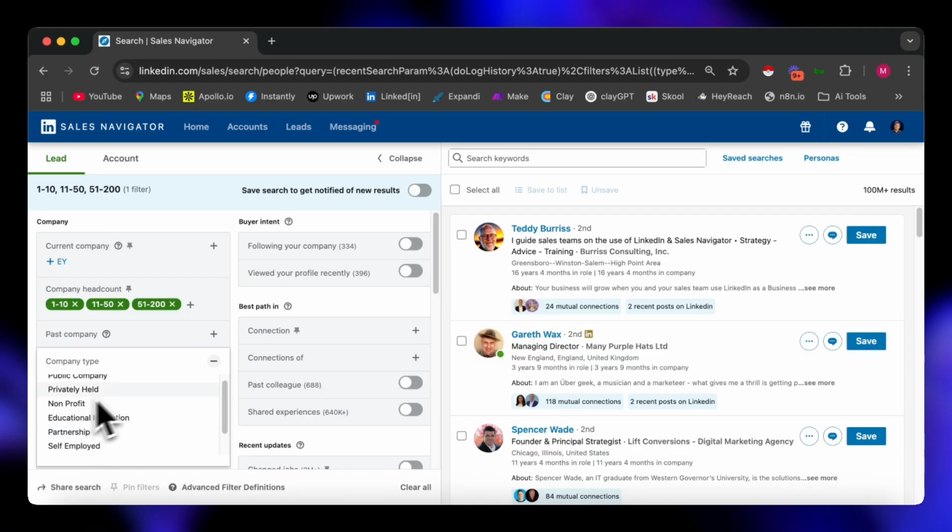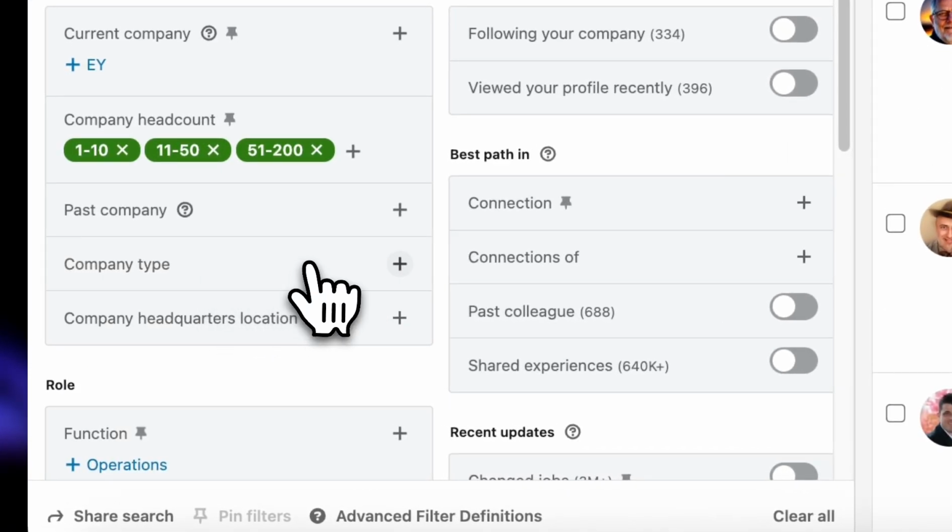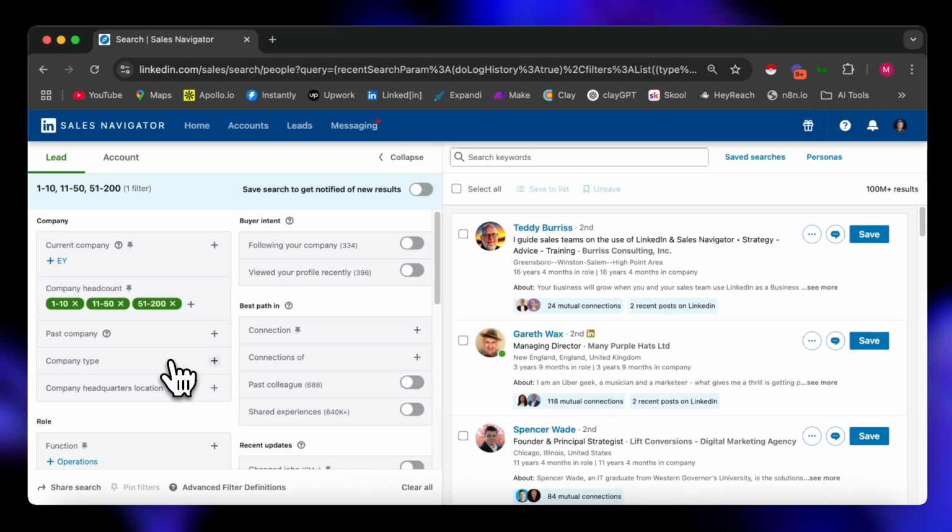The only time I really find this company type to be useful is in the nonprofit or educational institution aspect. So if you're selling to charities or you're doing charitable works, then obviously nonprofits. If we are selling to academies or colleges or universities, of course, educational institutions is our best way in the door there. Otherwise, I typically just leave it open, which by default means you're open to all of them.